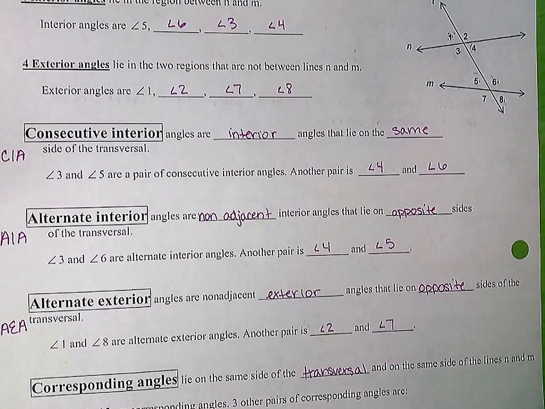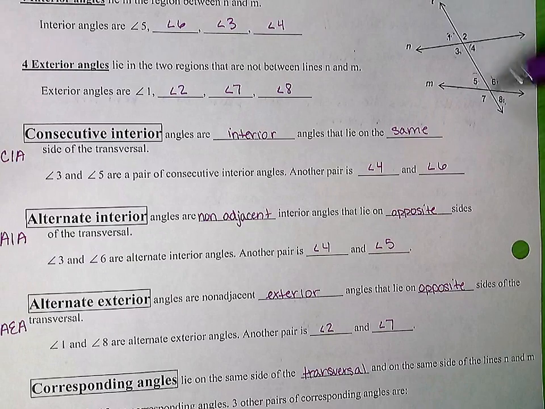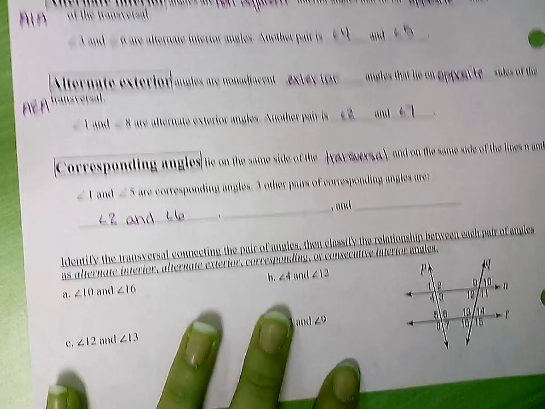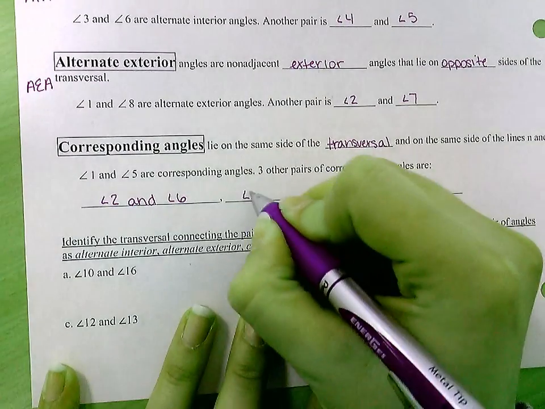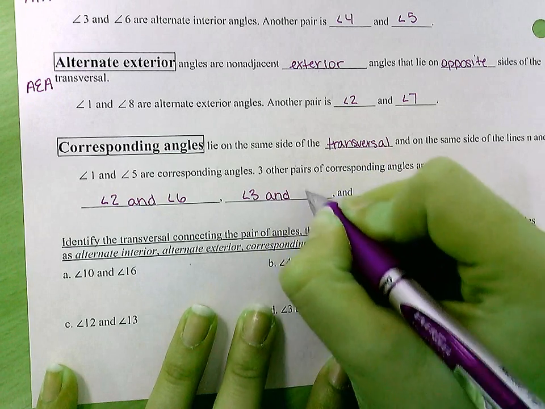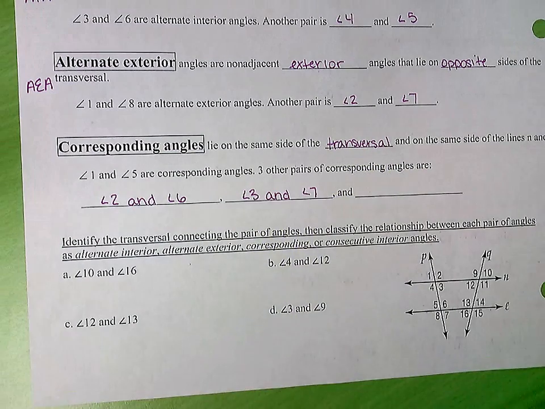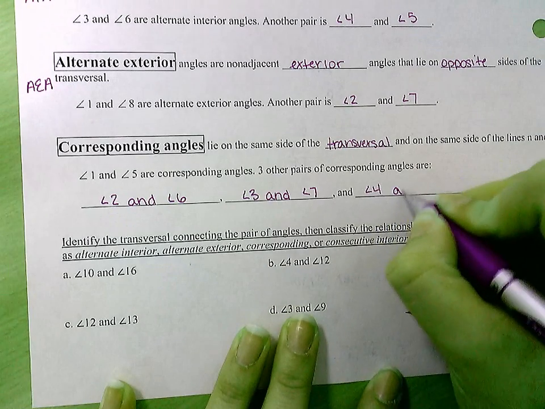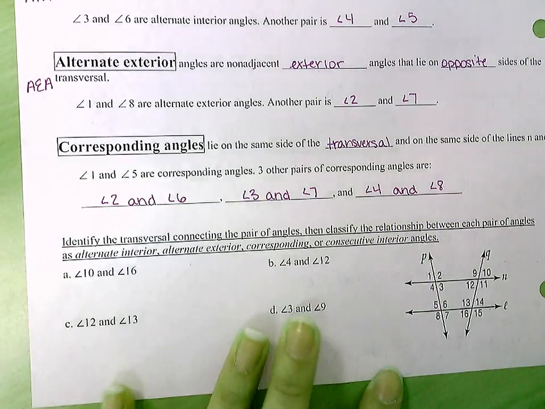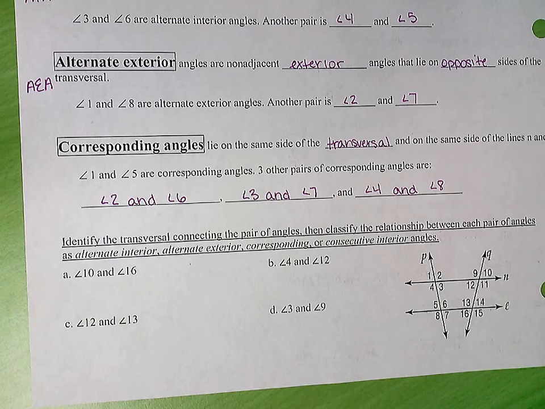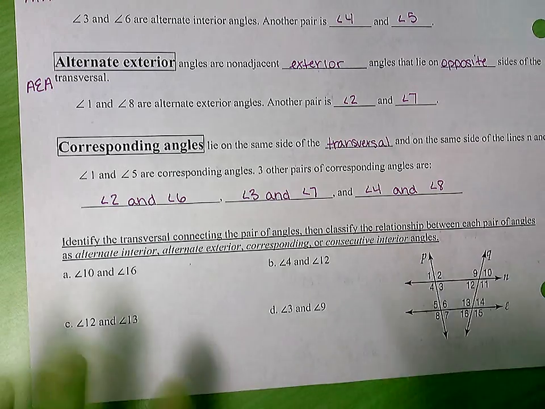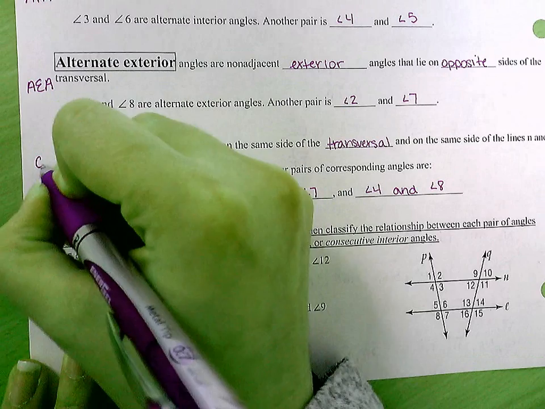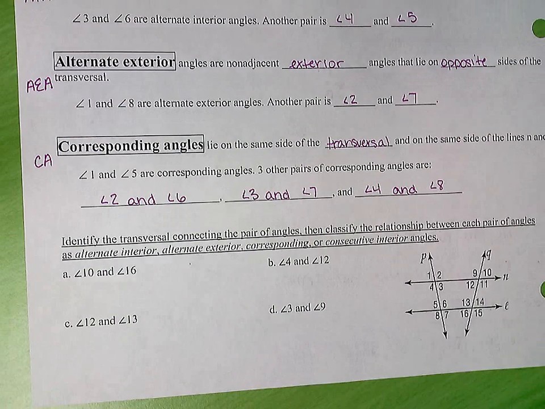Angle 3 and angle 7. What's the last one? 4 and 8. So we're just identifying those different angles. Our abbreviation for corresponding angles is just CA.